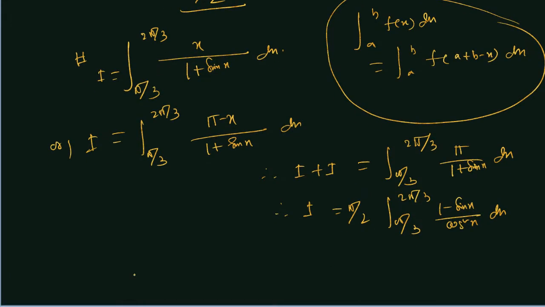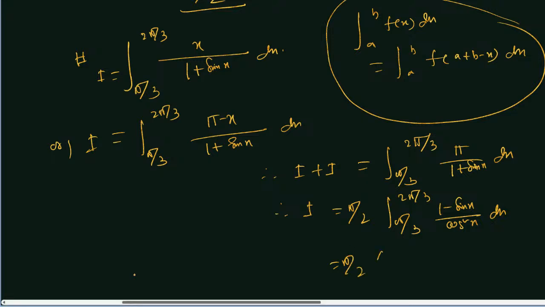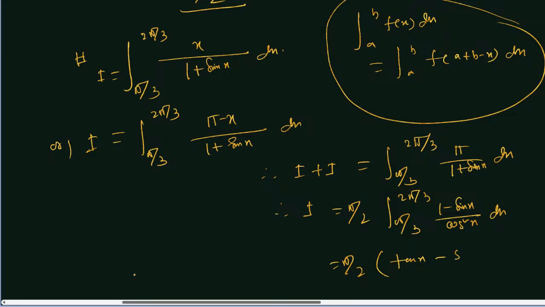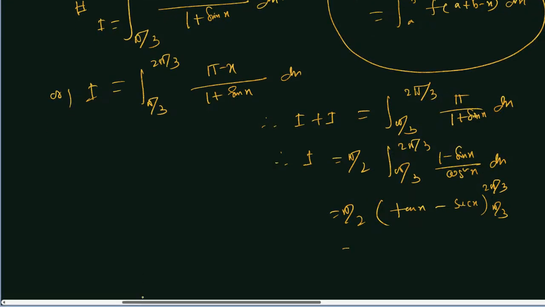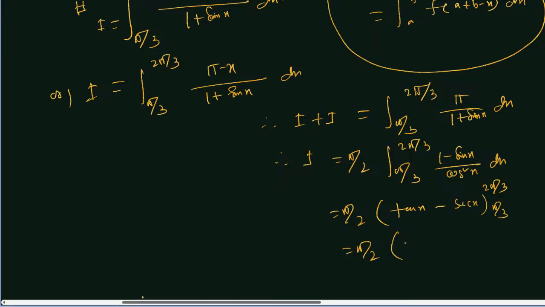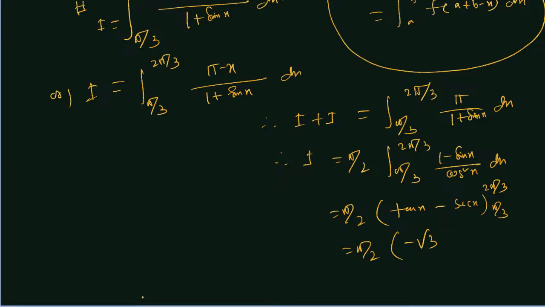Then this will be changed to pi by 2. Sec square x is tan x, tan x sec x is sec x, from pi by 3 to 2 pi by 3. Now put the upper limit and lower limit. Tan 2 pi by 3 is tan of pi minus pi by 3, second quadrant, minus root 3.